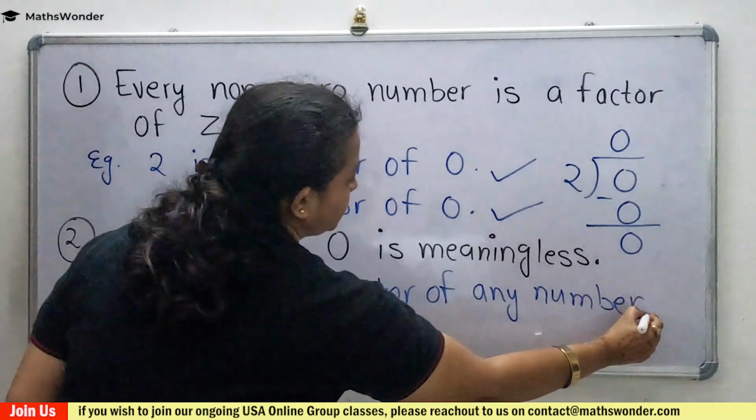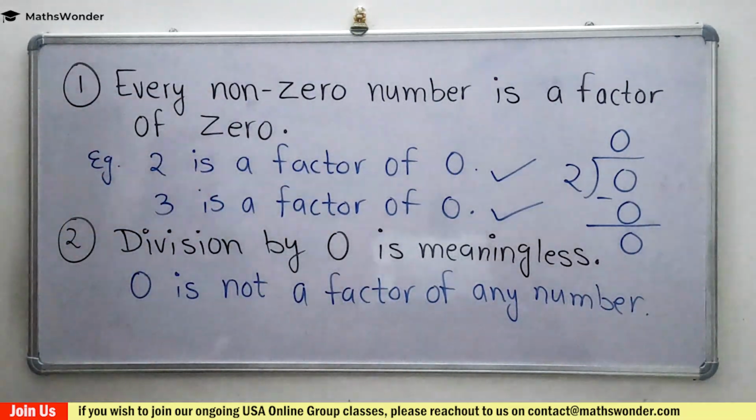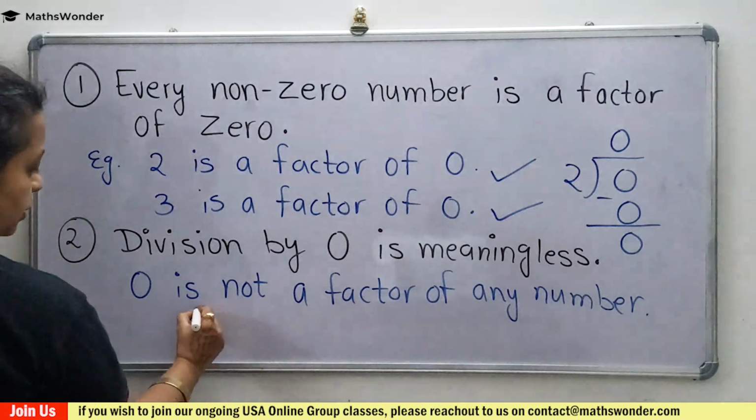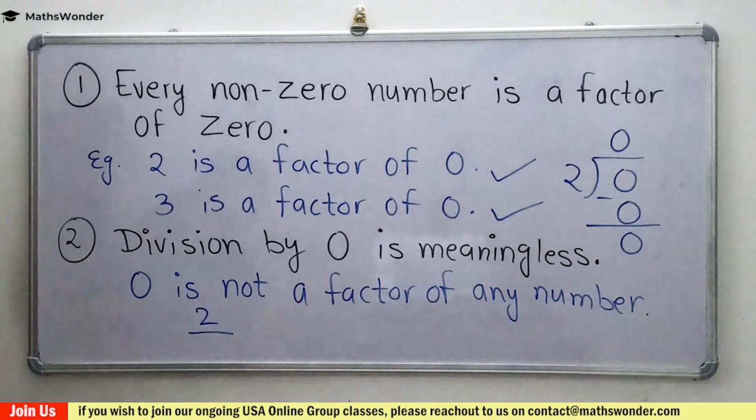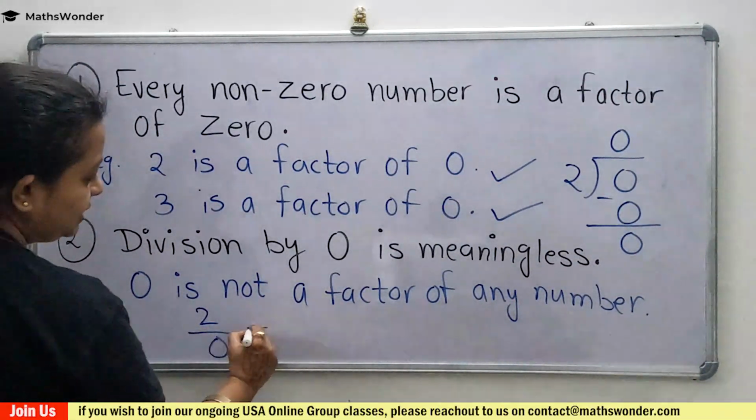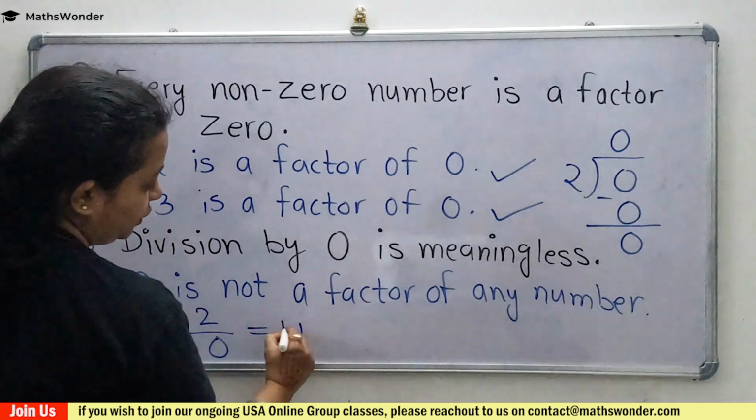Many students get confused in this part. Any number, for example 2, divided by 0 is meaningless, or not defined. You can write it that way.